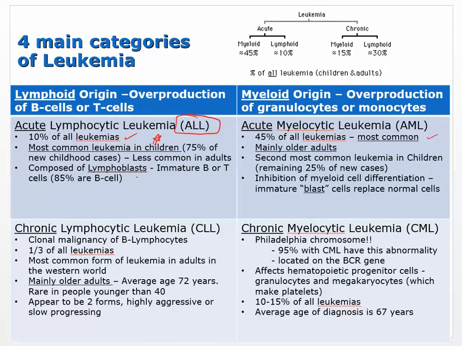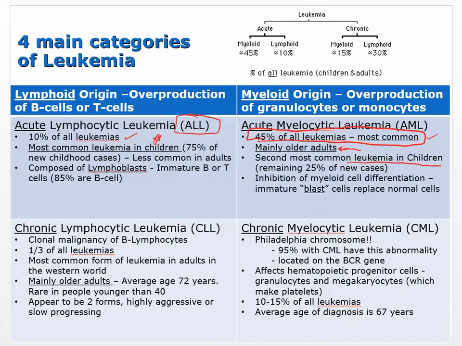And it's composed of lymphoblasts, immature B or T cells. Acute myelocytic leukemia, or AML, is actually the most common, but it's mainly found in adults. Even though children get it, it's the second most common cause of leukemia in children.